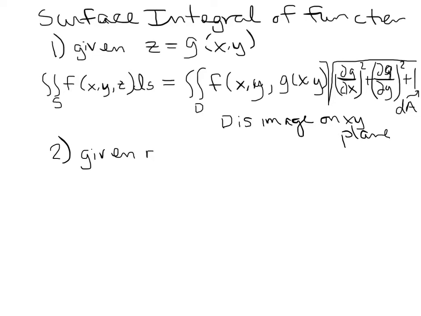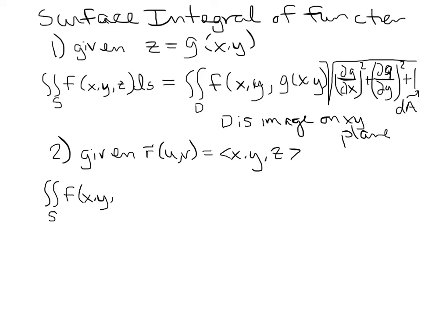The second type, if we are given our surface as a parameterization, so if we're given a vector valued function for that surface, it would have to be in terms of two variables, then our integral of a function over a surface we could find by taking a double integral, again over D. D is going to be that same image on the xy plane of the function evaluated at r.